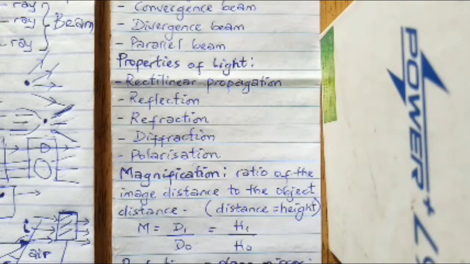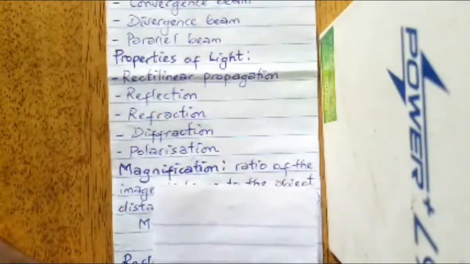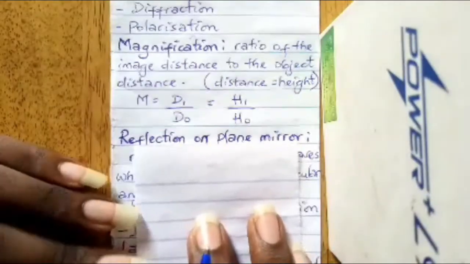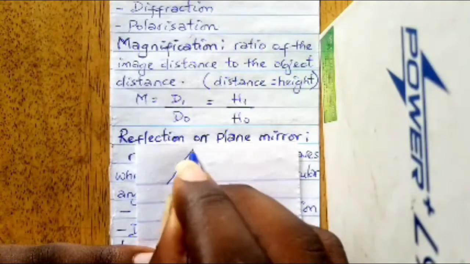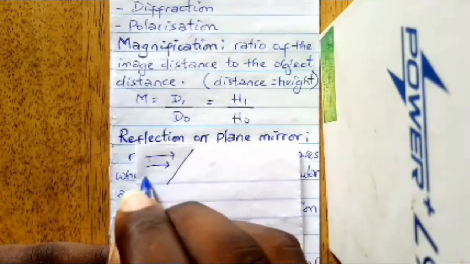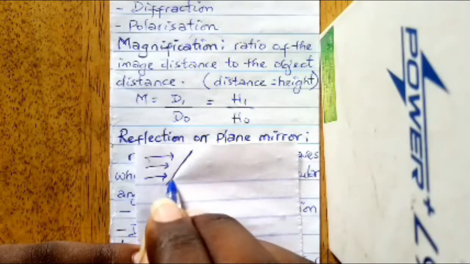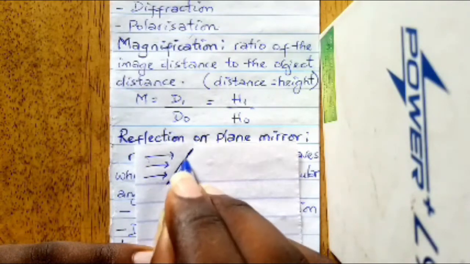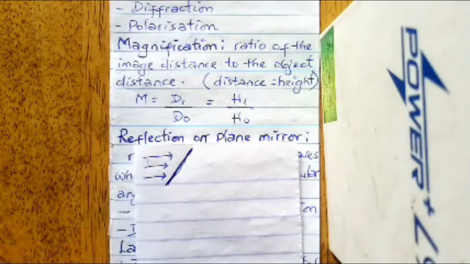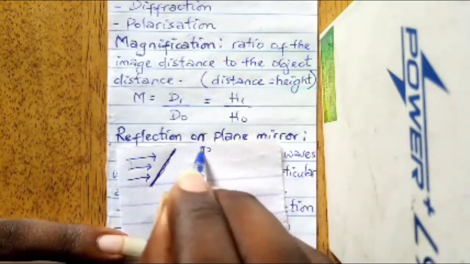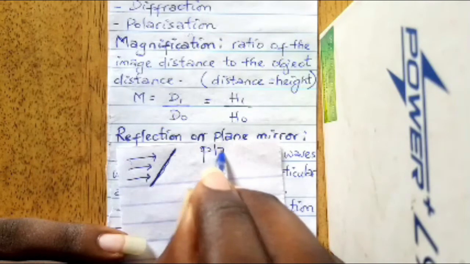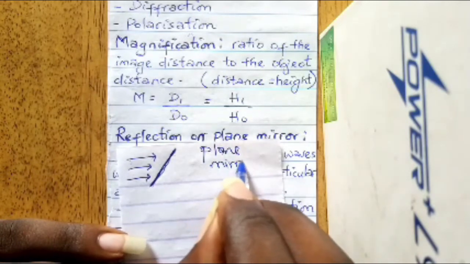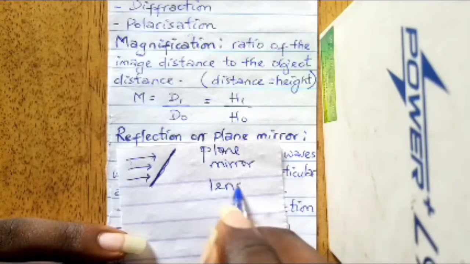A plane mirror is a simple medium made of plain glass in which light particles can either reflect or refract through it. We also have a lens.